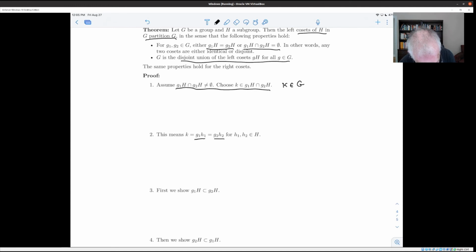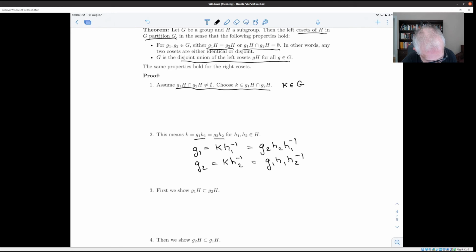Well, this tells you that g1 is equal to k h1 inverse, but that's equal to g2 h2 h1 inverse. And it also tells you that g2 is equal to k h2 inverse, and that's equal to g1 h1 h2 inverse. And that's just because g2h2 is k and g1h1 is k.